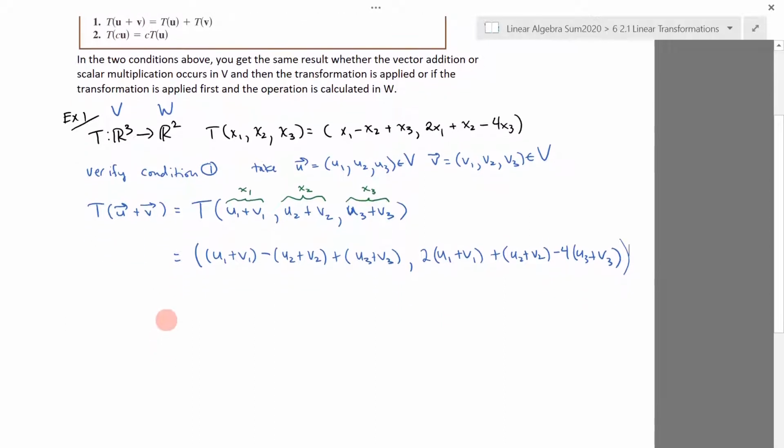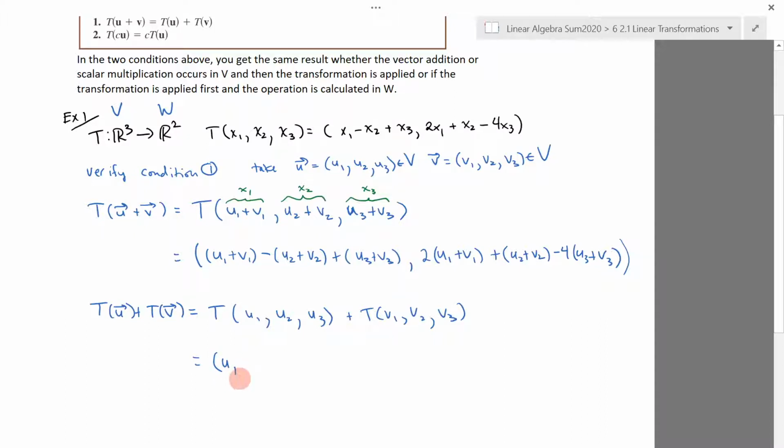Now I have to compare it to the right-hand side. So T of u is just transforming u1, u2, u3, and T of v is just transforming v1, v2, v3. Okay, so I transform them separately, right? So I apply this formula to u1, u2, u3.